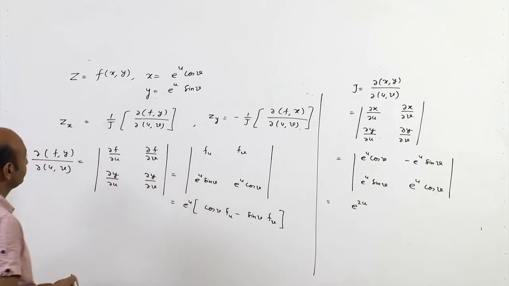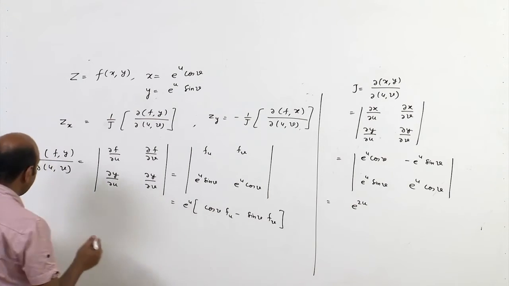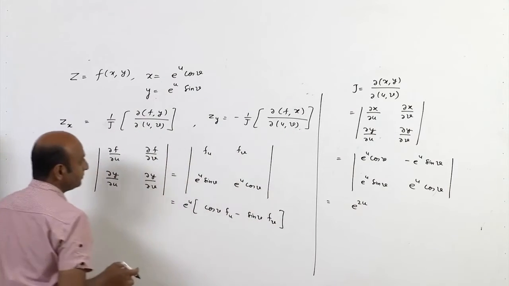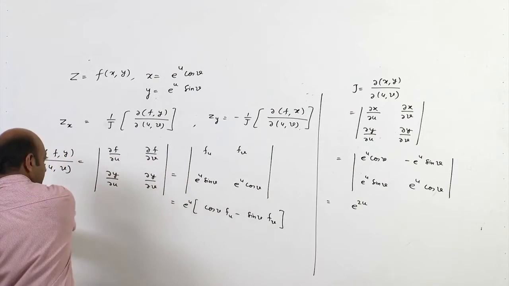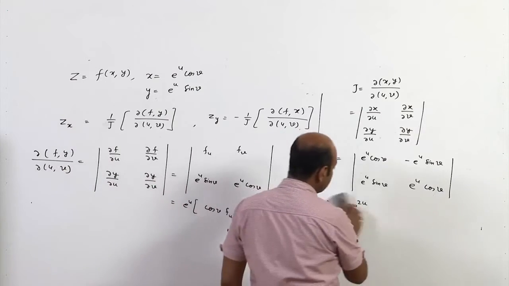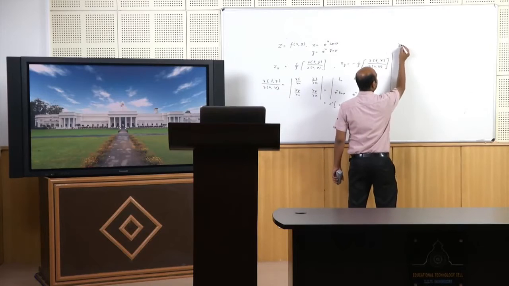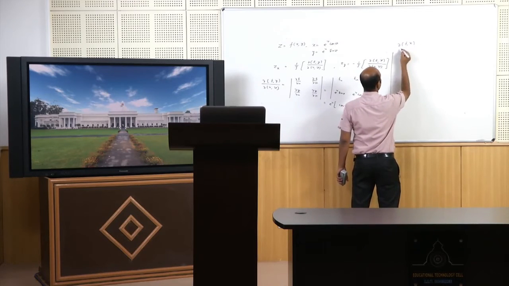Okay. So, this is this term. Now, what will be this term? So, this we have to remember that j is e raised to power 2u. Now, let us compute del fx upon del uv.